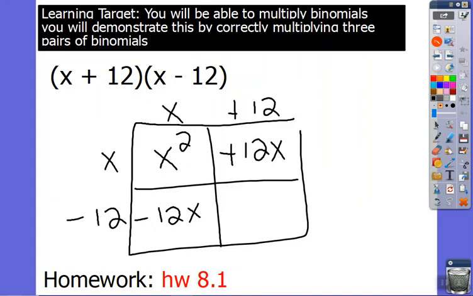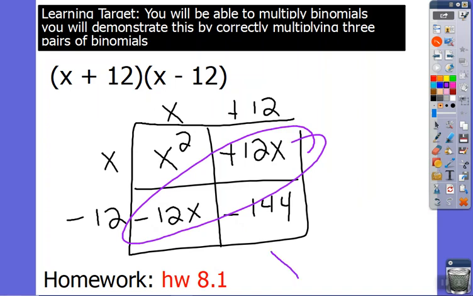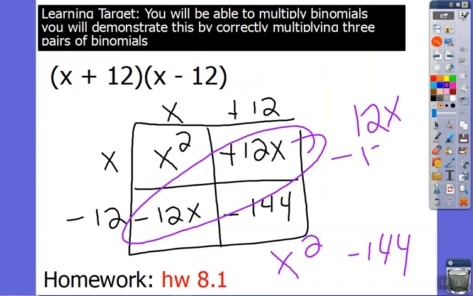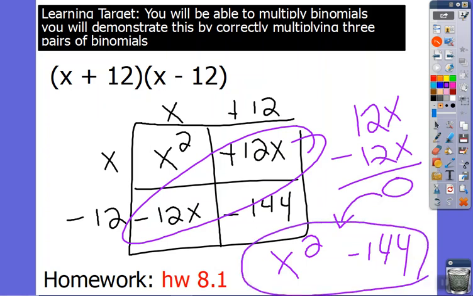Negative 12 times positive 12 is negative 144. Look for the pair that matches. Now, why this one is special is because when I pull it to the side and say, what is 12x minus 12x, that gives me nothing. So I'm going to put nothing in that spot there. So my answer is just going to be this x squared minus 144.